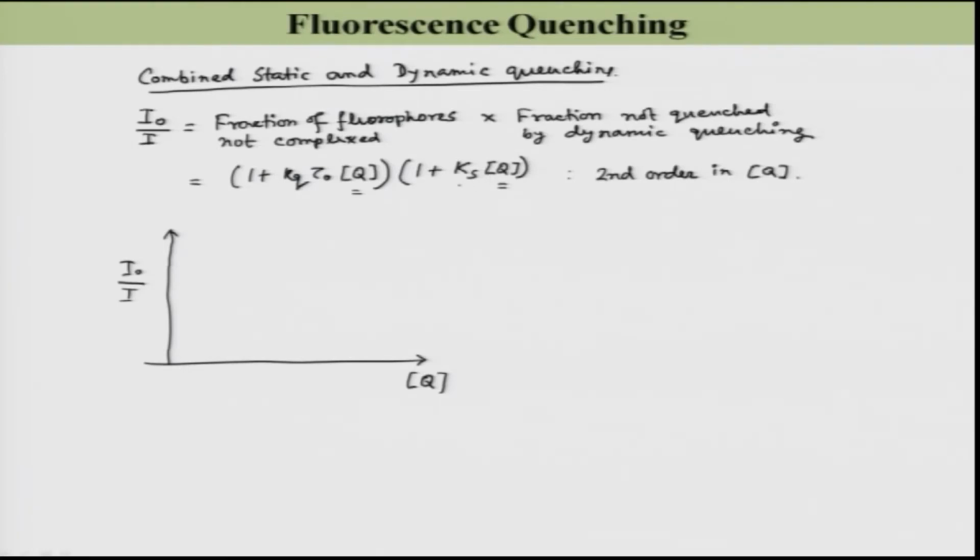So, this whole part is 0, this whole part is 0, then is 1 into 1, so is equal to 1. So, it will start from 1, there is no doubt, but for lower quencher concentration it looks straight line, but as you increase the quencher concentration you will see the curve is like this upward nature.